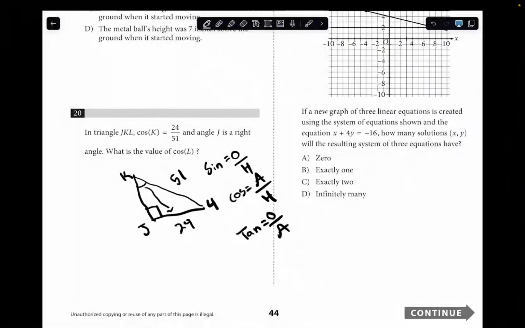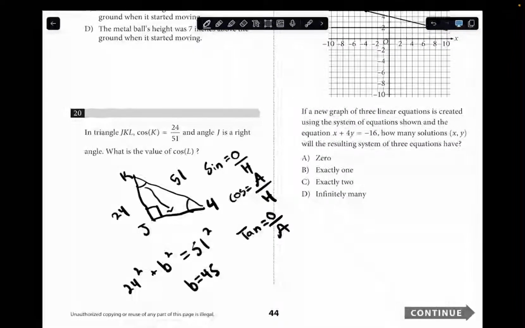Cosine of K is 24 over 51, so the adjacent is 24, not the opposite. But it's the same math. You just do 51 squared minus 24 squared, and then take the square root of that. Yeah, 24 squared plus b squared equals 51 squared. What does that come out to? It's 45. So the cosine of L would be 45 over 51.